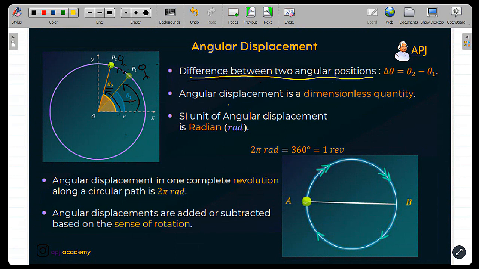So the difference in angular position will also be in the form of angles, and these angles are theta 2 and theta 1. Theta 2 is the angle which the particle makes when he's standing at point P2, having traveled from point P1 to P2. So final angle minus initial angle you have to do.